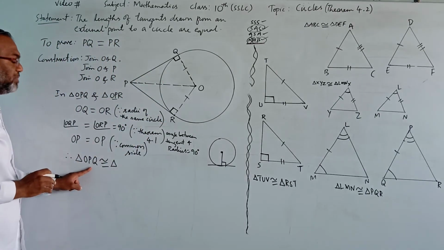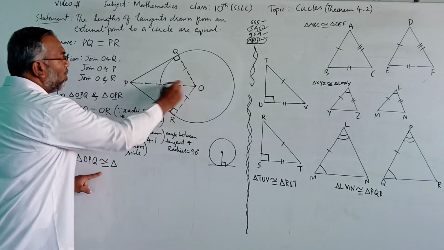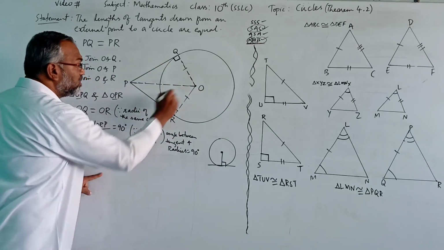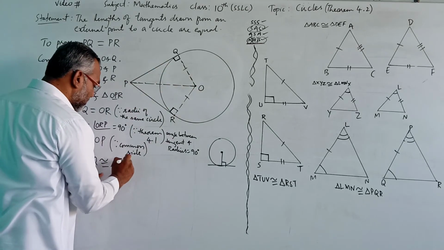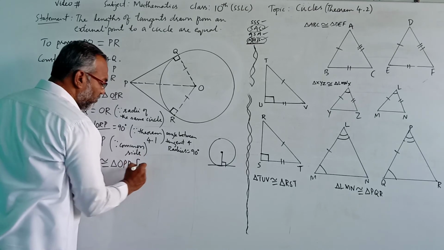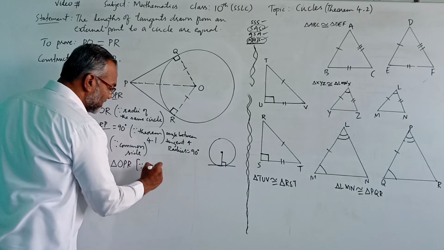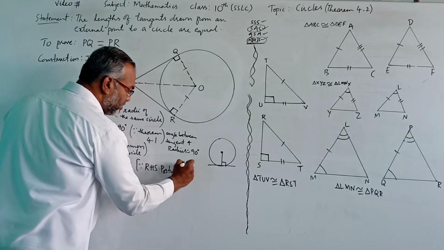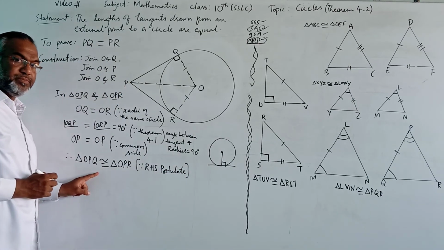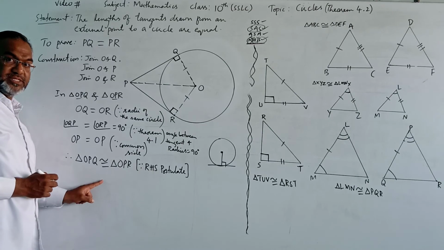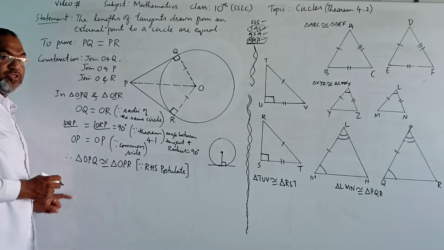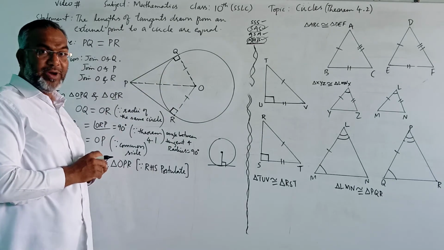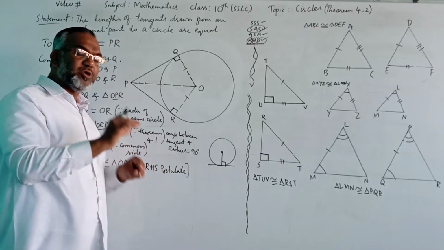So triangle OPQ is congruent to triangle OPR because the RHS postulate is becoming true here. If these two triangles are congruent, then the remaining things must also be equal.